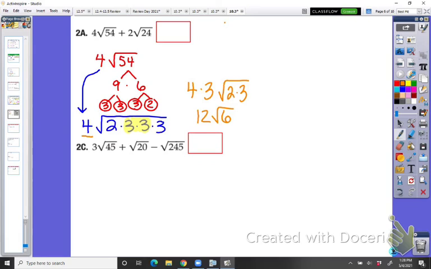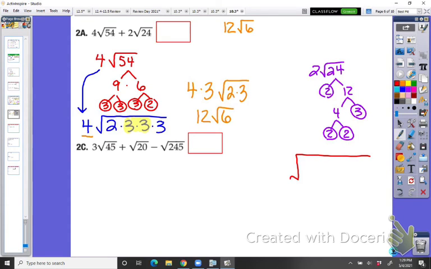And then I also have to do another tree for 2 root 24. So that could be 2 times 12. Oops. 12 is 4 and 3. 4 is 2 and 2. So again, bring the front 2 down. Don't forget about that.